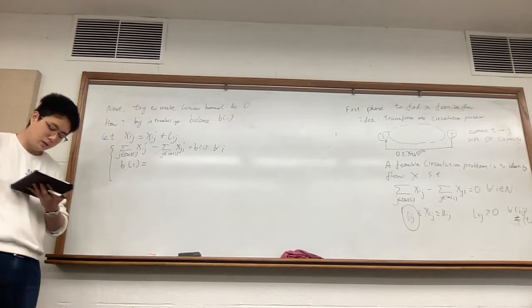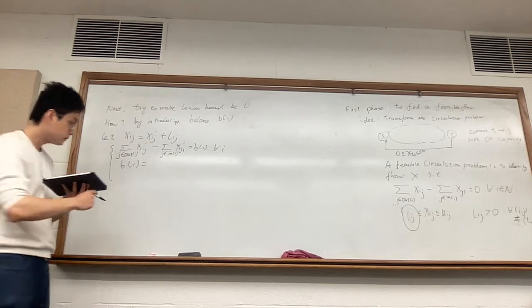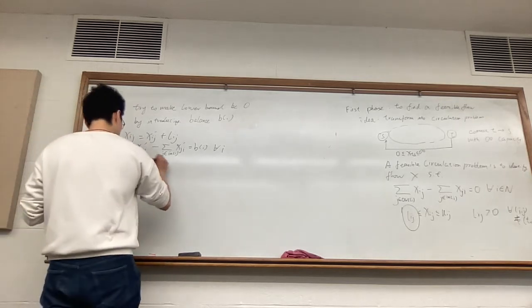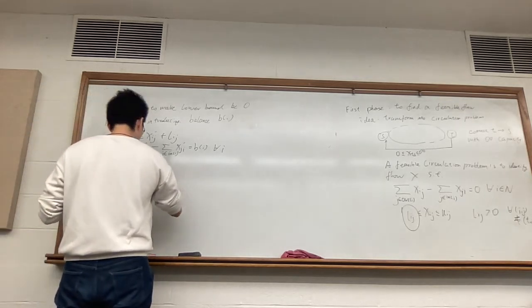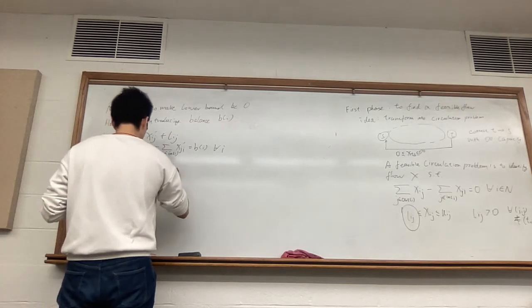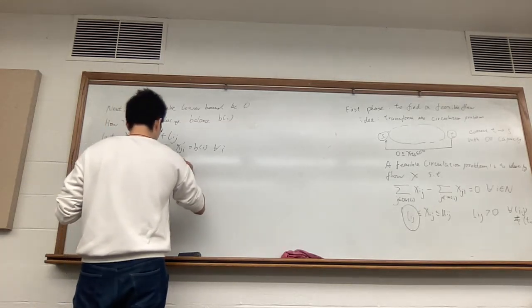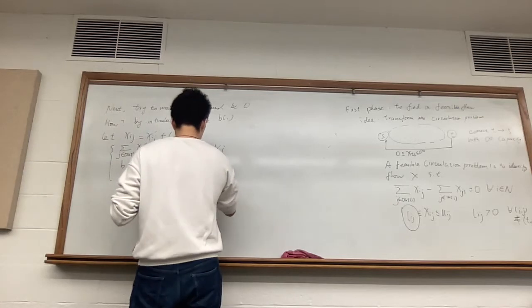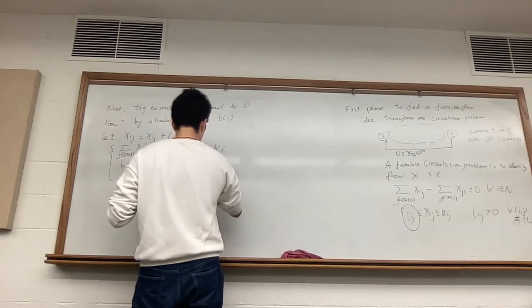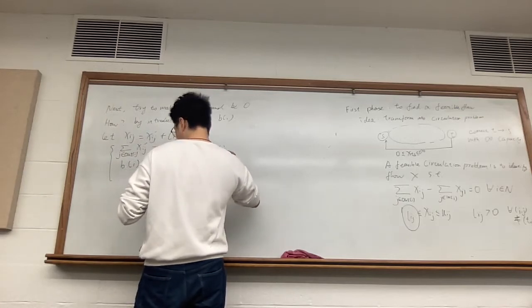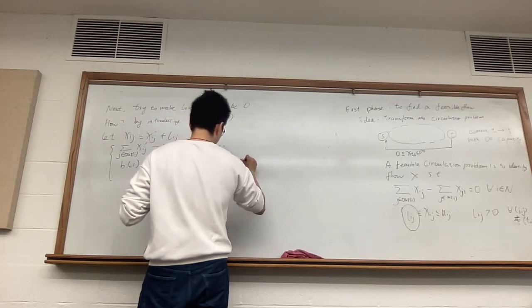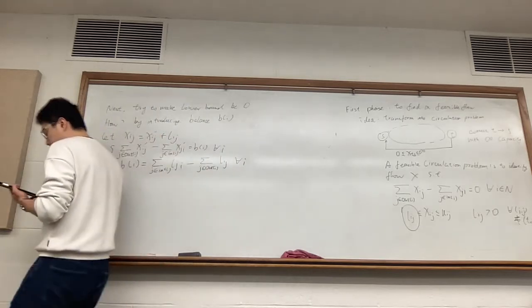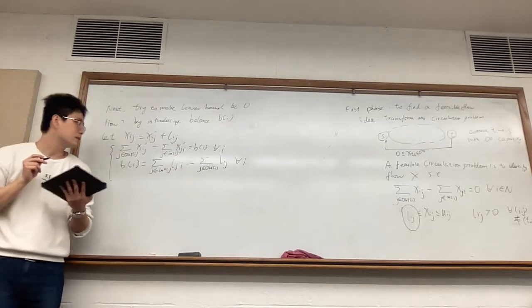Okay, so Bi, let me write it down. It is the sum over j in in(i) of Lji minus the sum over j in out(i) of Lij, for any i. Okay, take some time to understand this.